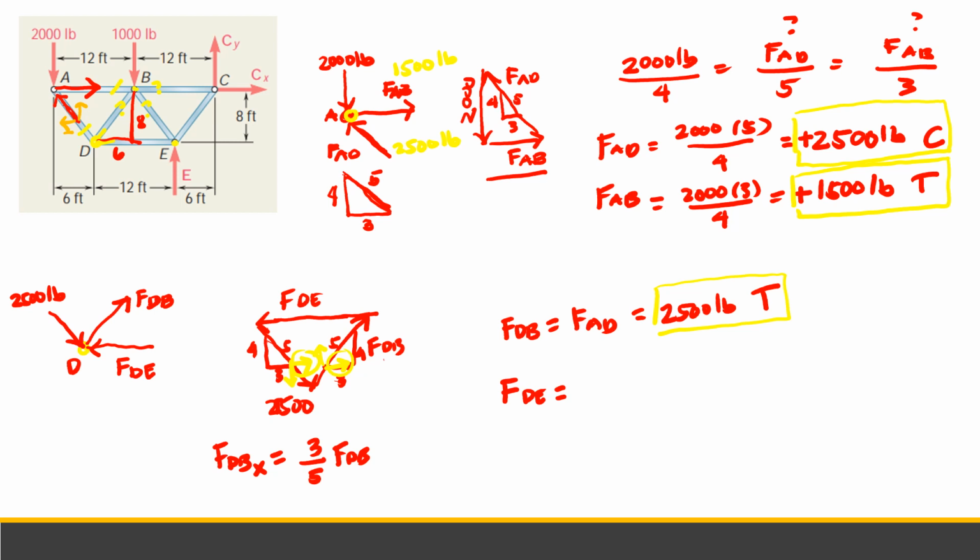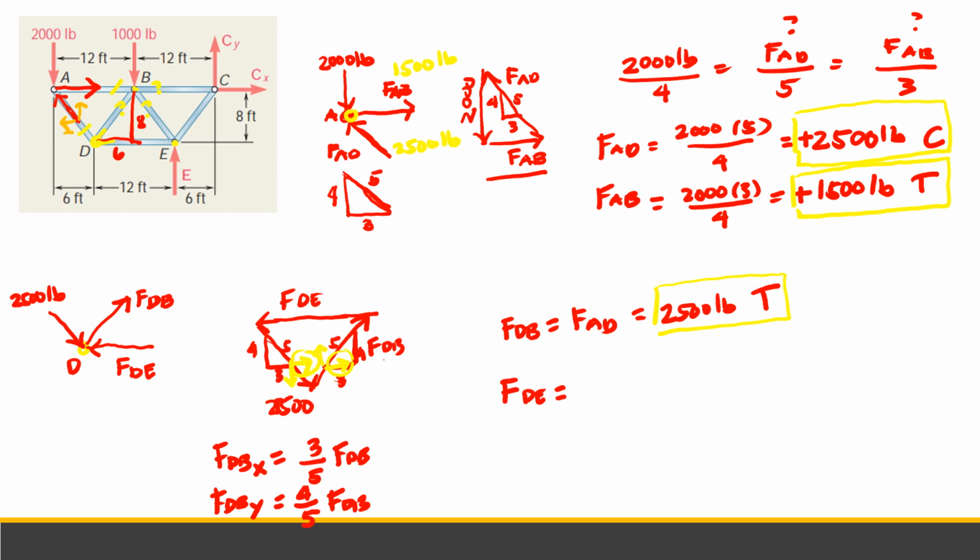So you no longer need to solve using cosine and sine with the angles. And force DB Y is equal to 4 over 5 F DB, since Y is the vertical, 4. So that is how you solve X and Y components using the slope.